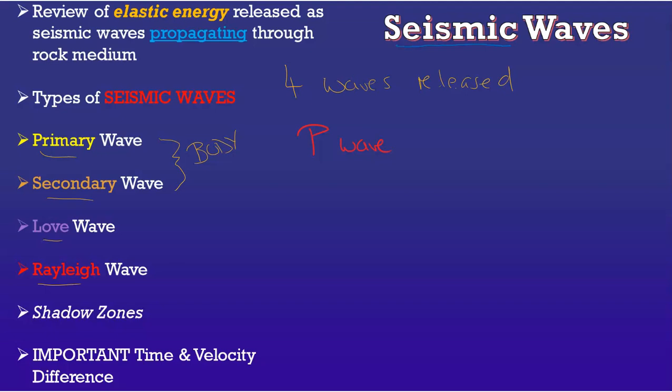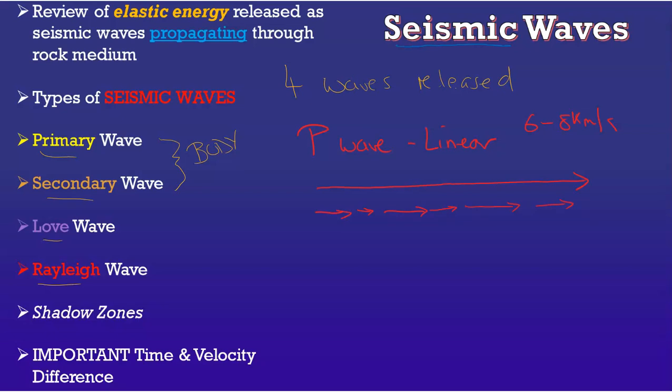All these waves cause shaking, but the P wave is the fastest, therefore it's the first one received by any seismograph. It's linear, which means it goes in a straight line, so there's straight line energy, and that's also what makes it so fast. This is between 6 to 8 kilometers per second, and it is a compression and expansion type propagation, like a slinky, and it moves in one direction. That's why it's so fast.